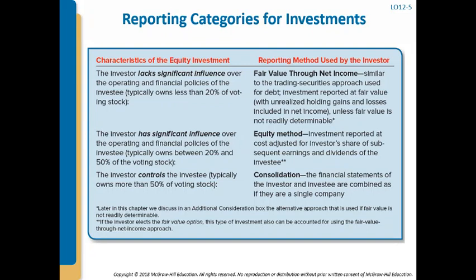Now, there could be proof that even though they own less than 20%, they actually do have significant influence, but barring that, usually if you own less than 20% of the voting stock of a company, you don't have significant influence over that company.